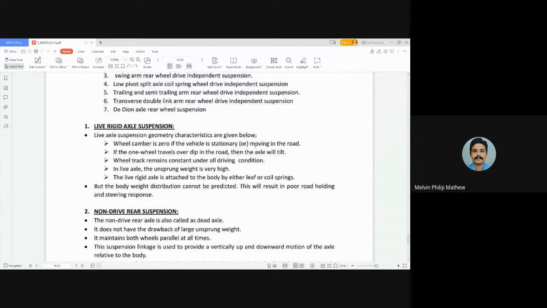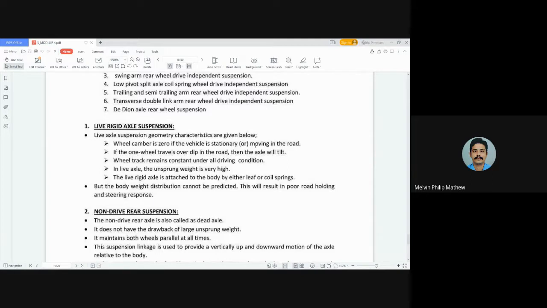Then the wheel track remains constant under all conditions. So what was the wheel track? Wheel track is the distance from the center of one tire to the center of the other tire, taking the rear direction, from the outer tire to the inner tire. That distance is known as wheel track. So the wheel track always remains constant in live rigid axle suspension.